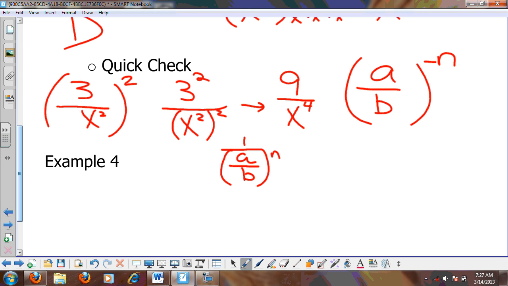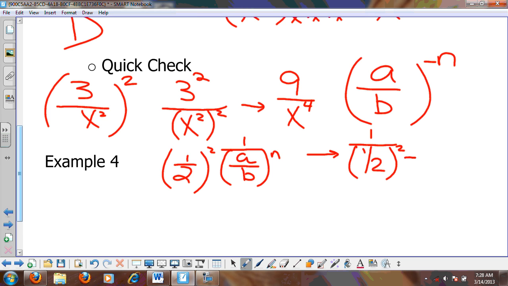Which essentially means that when I move it through, let's just say a over b was 1/2, and let's just say 1/2 was squared. So now I have 1 over 1/2 squared. Okay? So then I have 1 over 1/4.